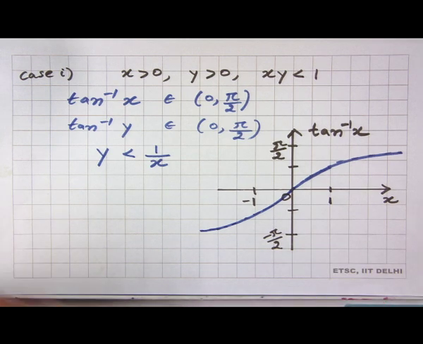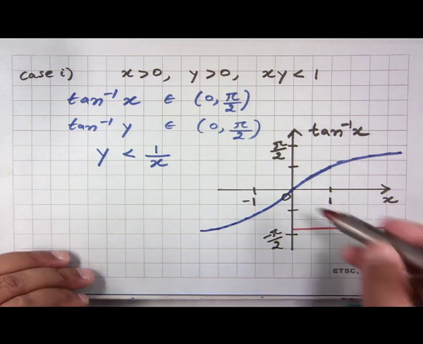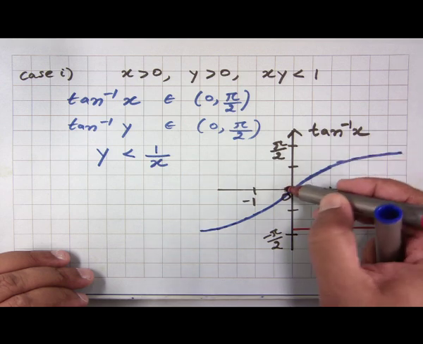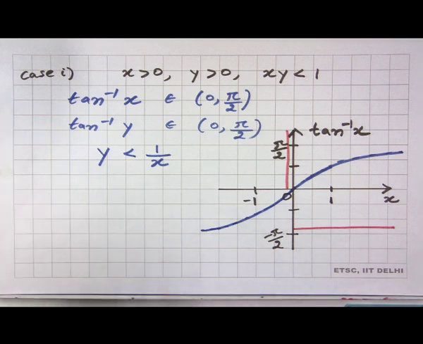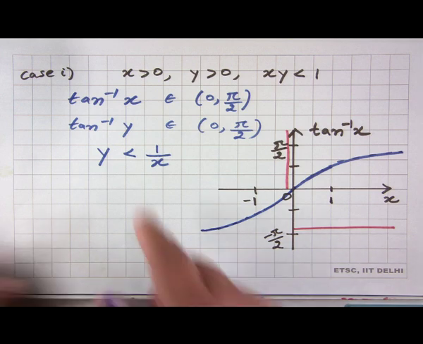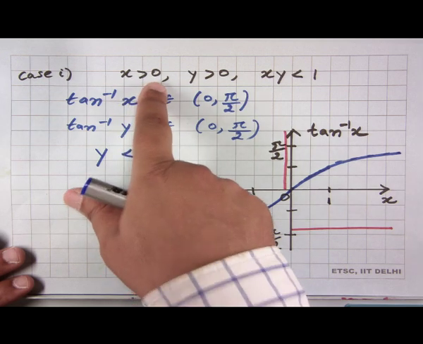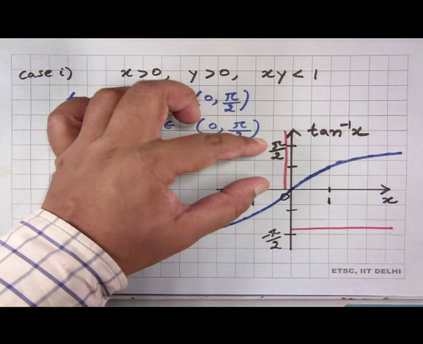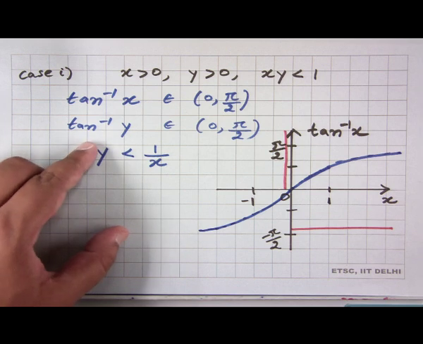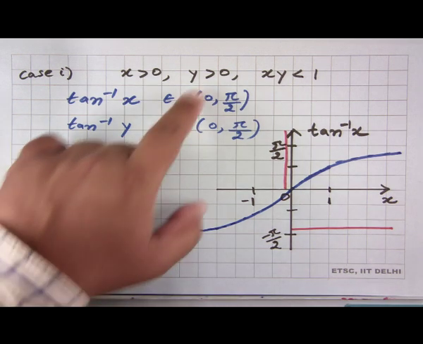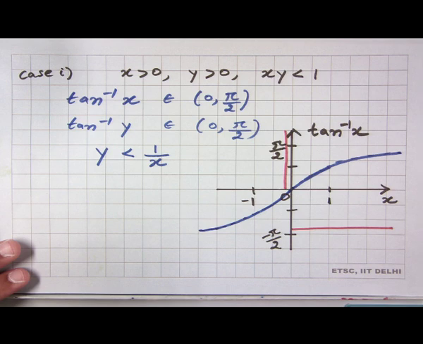If we just look at the positive values of x, we see that tan inverse x is taking values on the positive side of the vertical axis. That is why when x is greater than 0, tan inverse x will belong to the interval from 0 to pi by 2, and the same is true for tan inverse y. Because y is positive, tan inverse y will also belong to 0 to pi by 2.